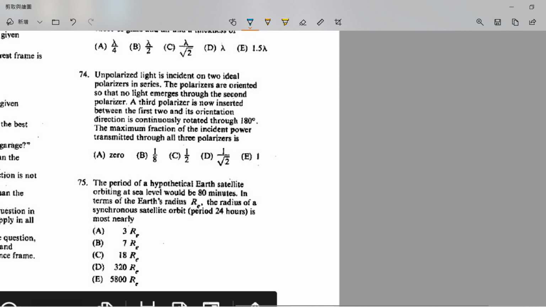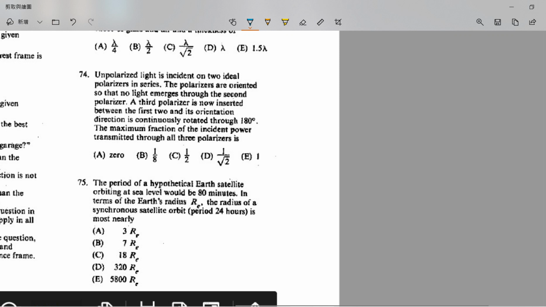Then there is a third polarizer with some unknown orientation, which can be continuously adjusted. You are asked about the maximum intensity that can pass through these three polarizers.